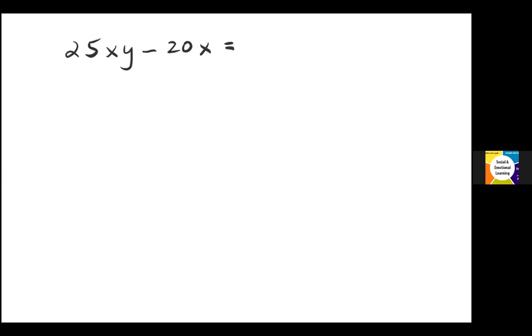What could we factor out? What do both terms, these 2 terms, what are the things that both terms share? What are some factors? Factors can be numbers or variables. What factors do these terms share?